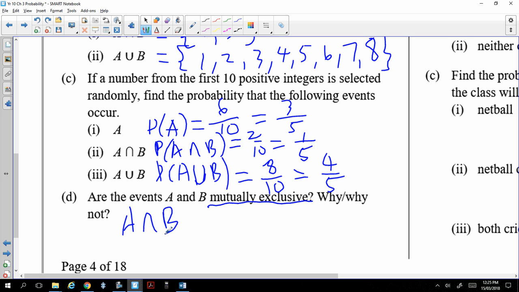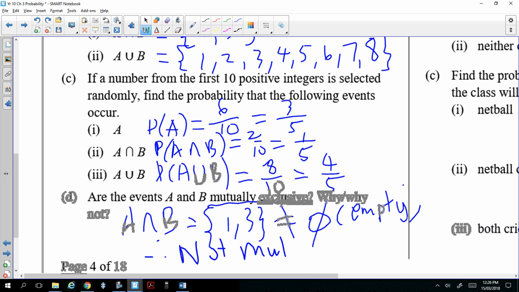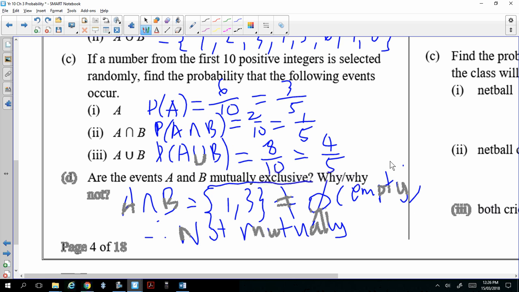The empty set is this symbol, like the 0, which has nothing in it. It is not empty, so we say therefore not mutually exclusive. All right, good. Any question?